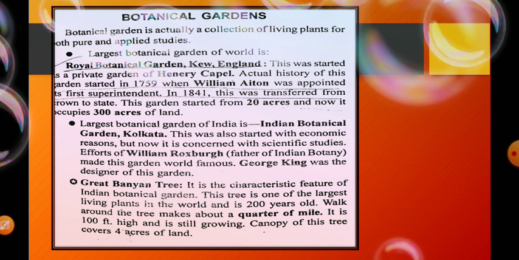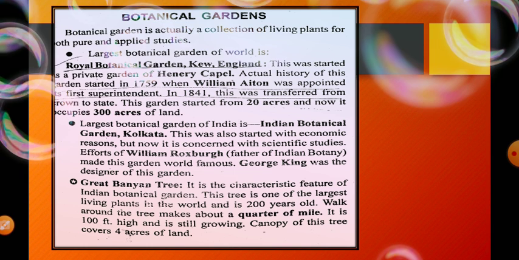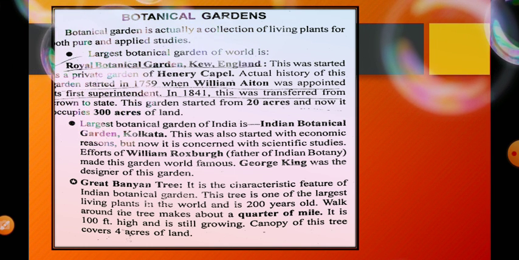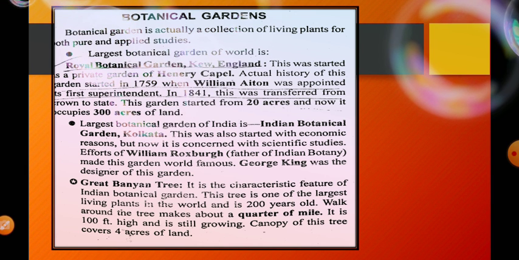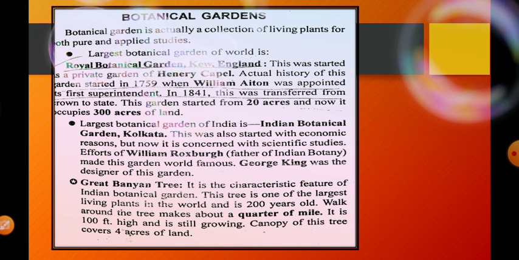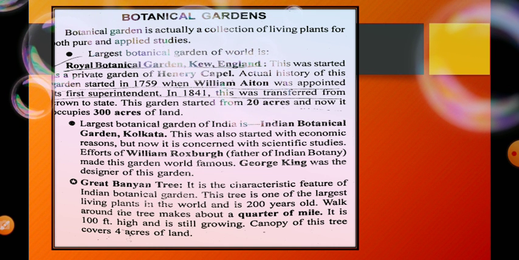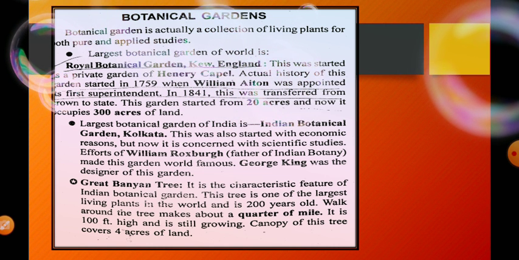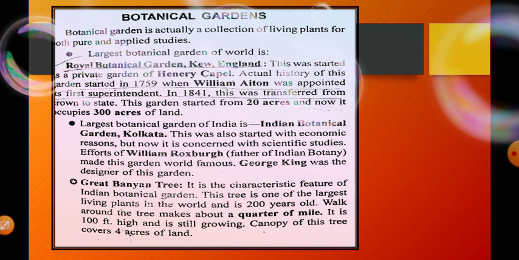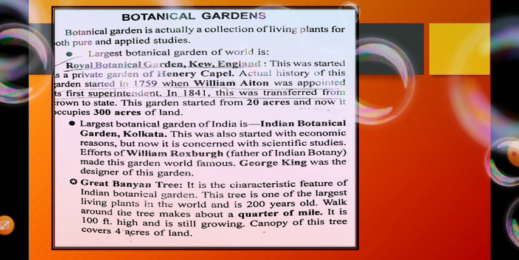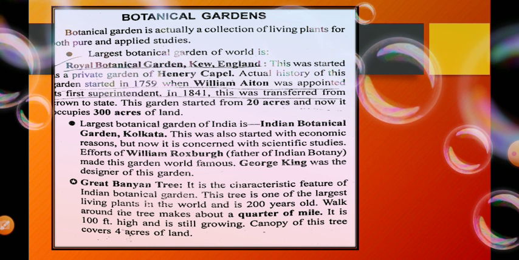So that is more interesting about the largest botanical garden, the Great Banyan tree, one of the largest living plants in the world. It is still growing, and it is 100 feet high.